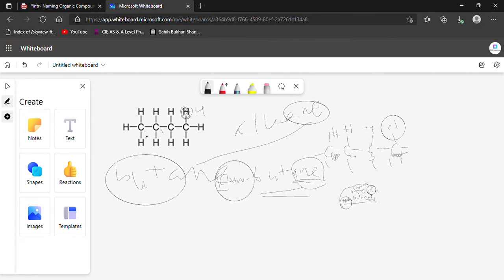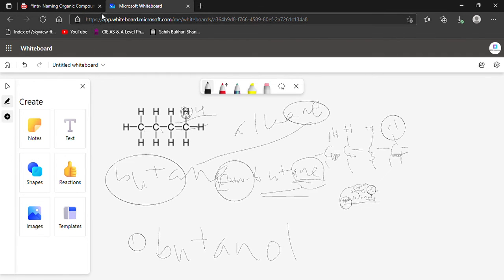Your step 1 is to see whether there are any branches or alkyl groups attached. As there is no alkyl group, your second task is to count the number of carbon atoms, the stem, so it's but. Your last step is to see what the main functional group is. It's an alcohol, OH, so it's butanol.